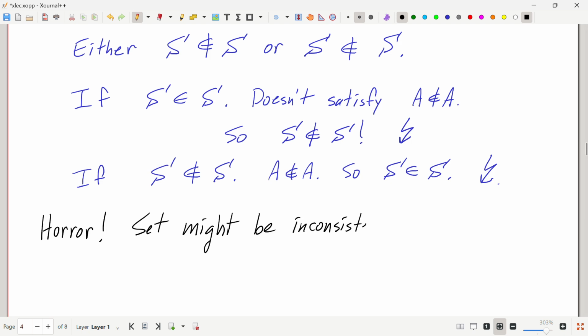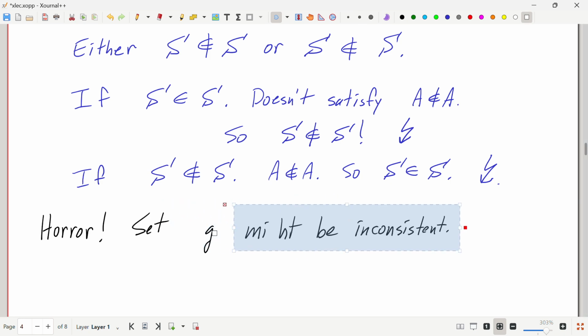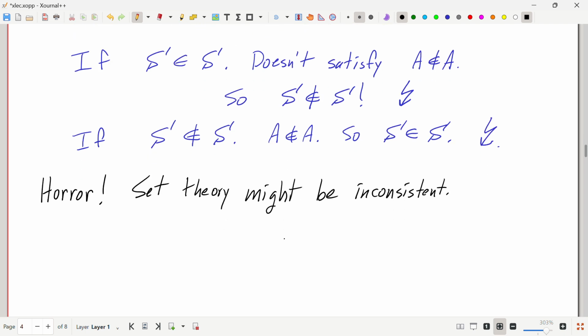But this is very related to Cantor's breakthrough of a diagonal argument. That theory might be inconsistent. And so mathematicians got in a panic to figure out how to fix this.